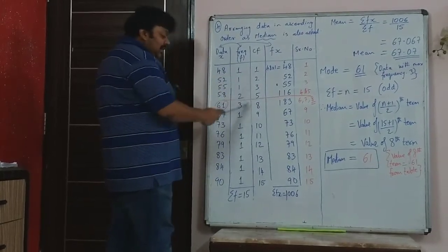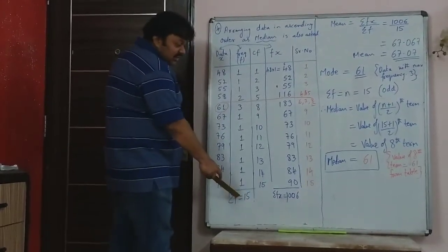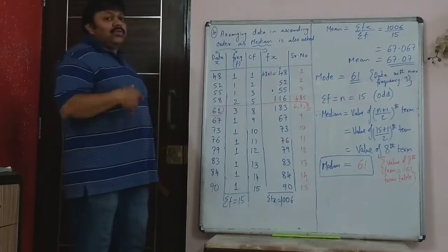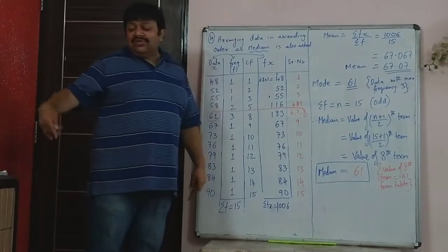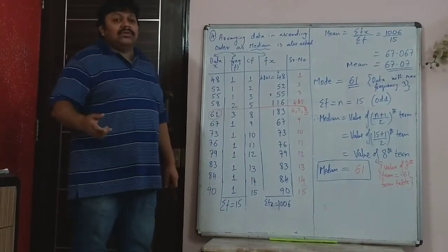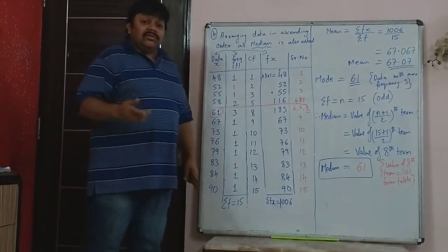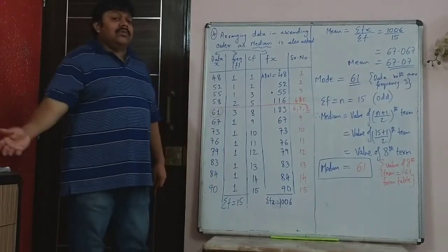So now once you write all this data and find sigma f is 15, before you proceed with the sum, the first thing you do is count the number of data given in the question. It should be 15. If it is 14 or something less than that, that means you have missed out some data.